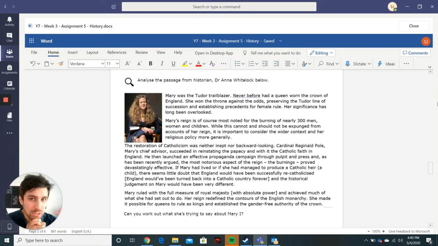Anna Whitelock is actually a very fond fan of Mary I. She wrote a book about 10 years ago now, about how Mary I was something called a trailblazer, i.e. she was the first to do something really impressive and improved life for many women in Tudor England as a result. Now, this is a tricky passage, so I am going to read it to you.